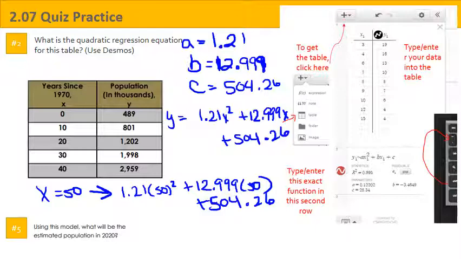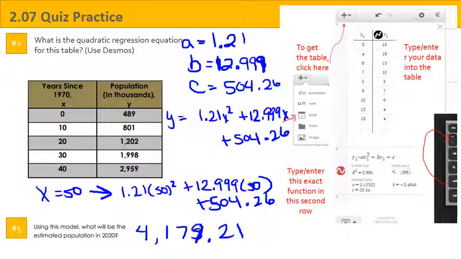So it is estimated in the year 2020 the population would be about 4,179.21.